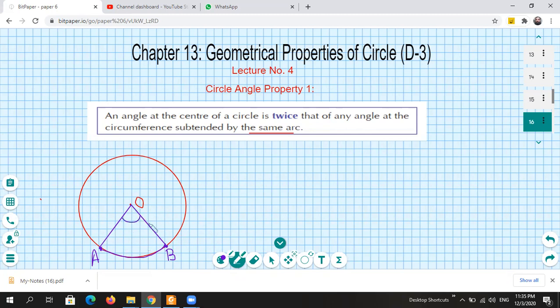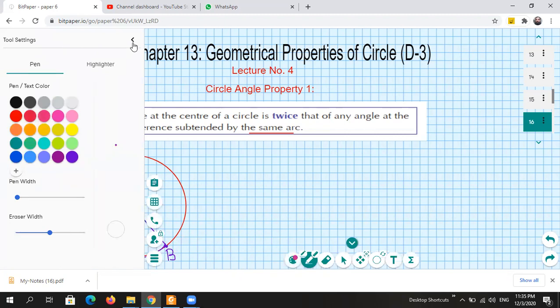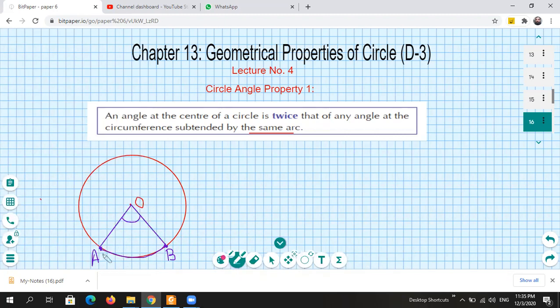Suppose this angle is AOB. And if I make the same angle, the angle at circumference of the same arc, it will be just like this. Similarly, it can also be at this point.